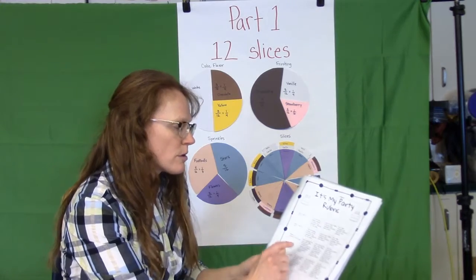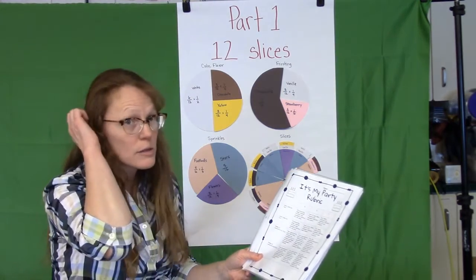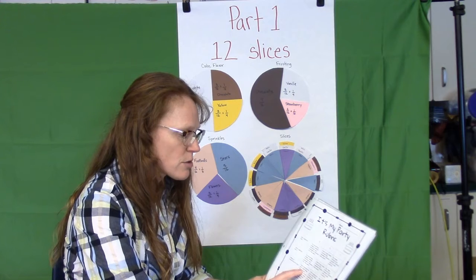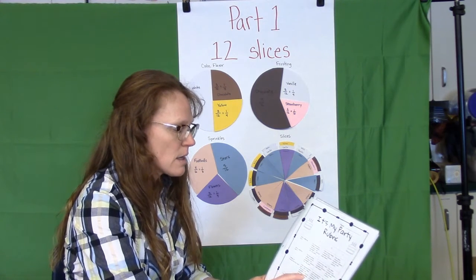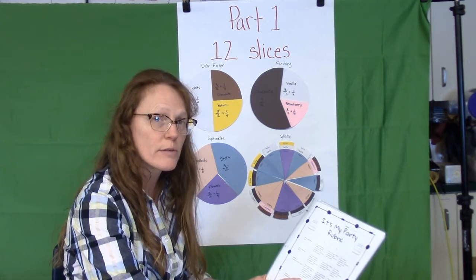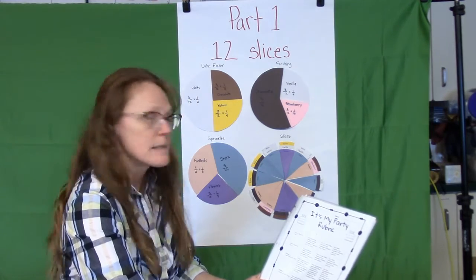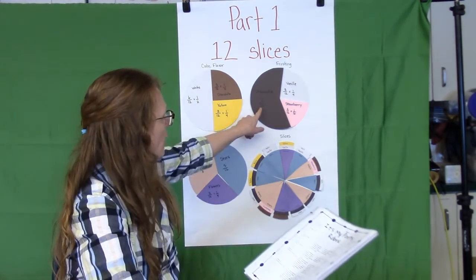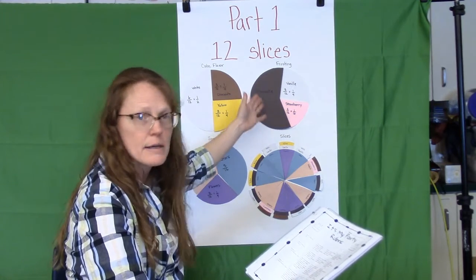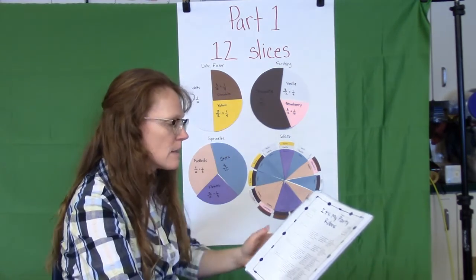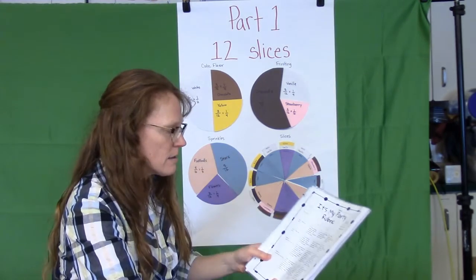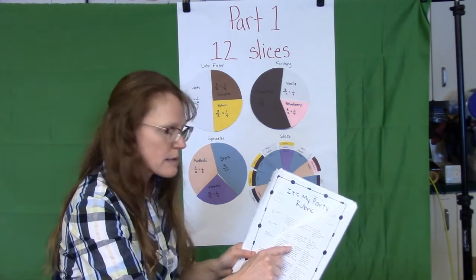In order to earn 3 points, and you can score yourself now on this, each characteristic part is cut out properly and labeled with the fraction and equivalent fraction. Some of these, there isn't an equivalent fraction. Like chocolate frosting is 7/12. That's just the fraction. We can't make an equivalent fraction out of that. If you have all of that done beautifully there, then you would circle 3 points.